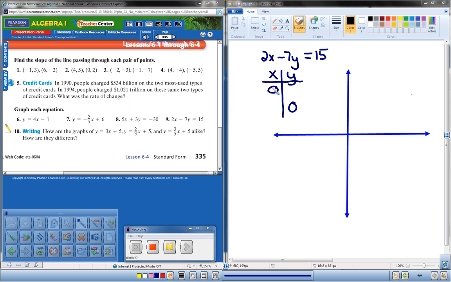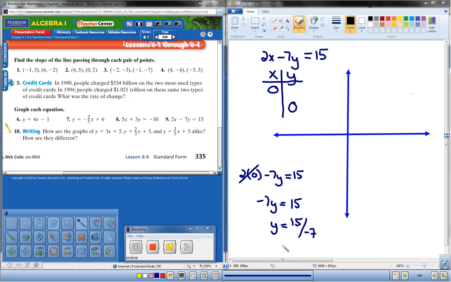So let's put 0 in for x. That would give me 2 times 0 minus 7y equals 15, which means -7y equals 15, or y equals 15 over -7.